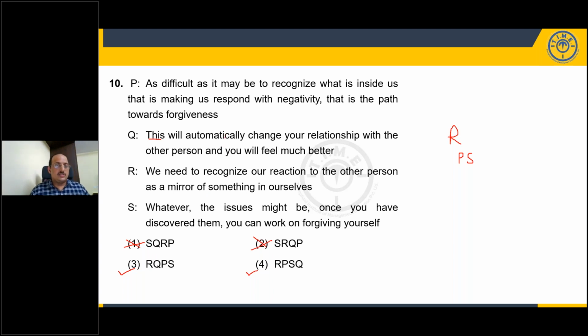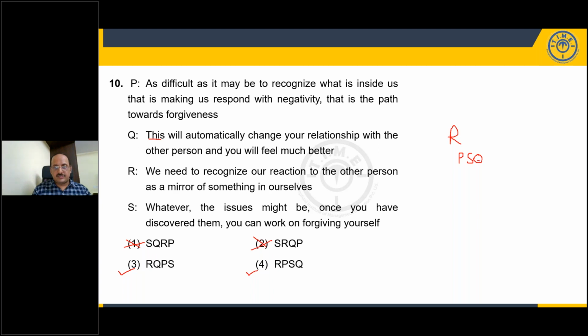and Q tells me what is the result of all this. So if I keep Q before PS, then PS become extra. Because once I've already described the effect, then why do I elaborate on the thing itself, right? But I need to first define the idea, explain it further, and then give us the final effect. So I think Q should come at the end after PS.